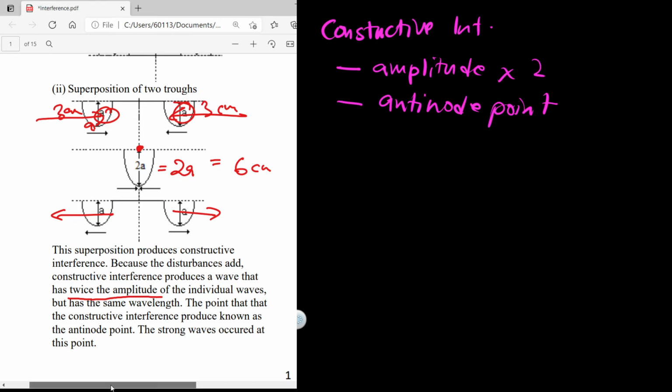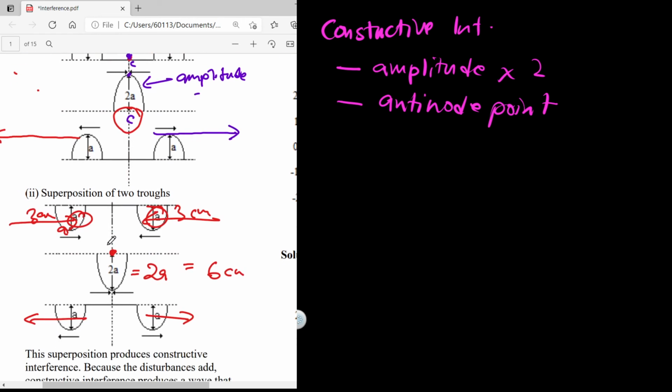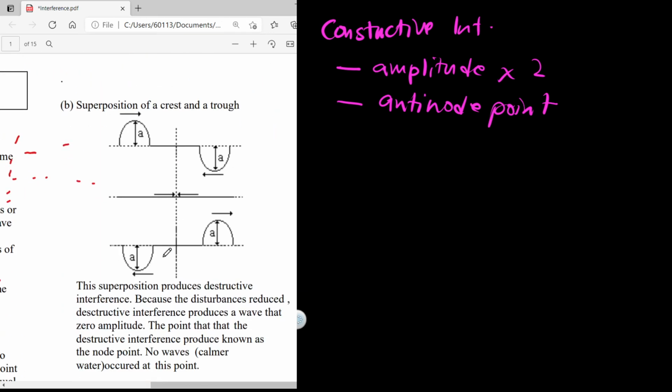The second one, we have two troughs, and the last case that we need to consider is the superposition of a crest and a trough. That means we have amplitudes but on different parts.